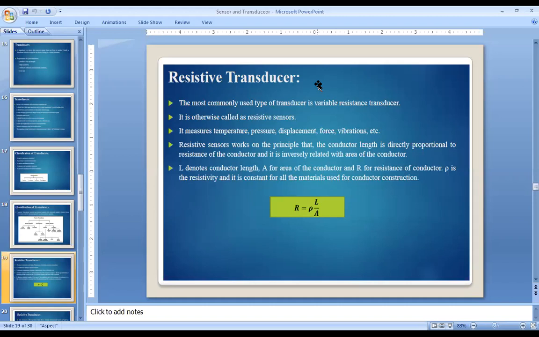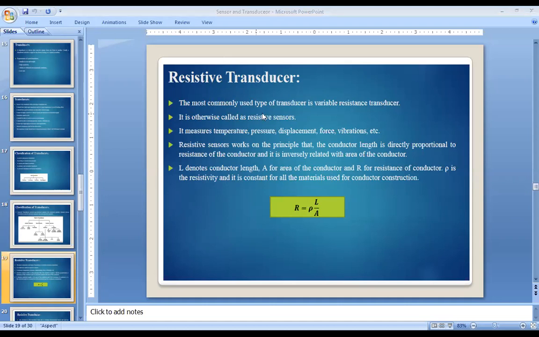That means change in the resistance. You know the formula of resistance is R equal to rho into L by A. Rho is the resistivity of the material, L is the length of the conductor, and A is the area of the conductor. So you can say a resistive transducer can be used for the measurement of length, or change in the length, or change in the area.